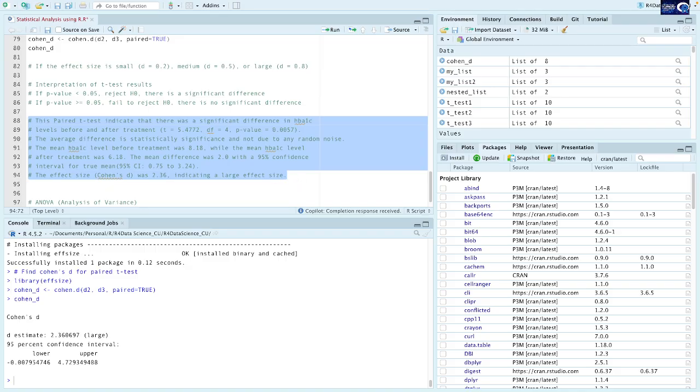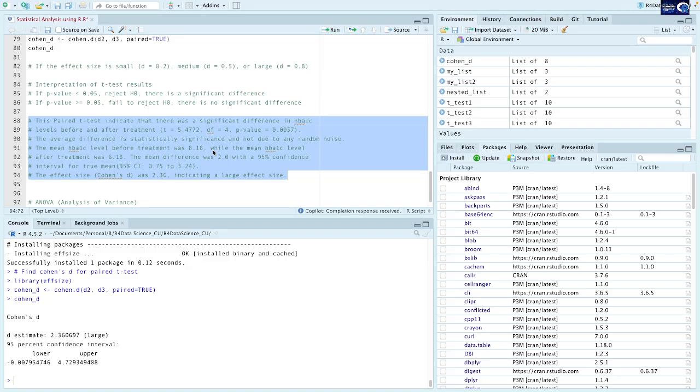If someone asks you to conclude the t-test, you can put the comments which you put in the chat. You can either say there is a change before and after treatment, or you can simply say the paired t-test indicates a significant difference before and after treatment.